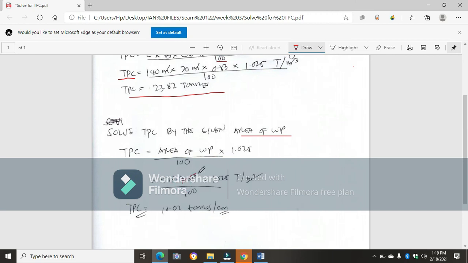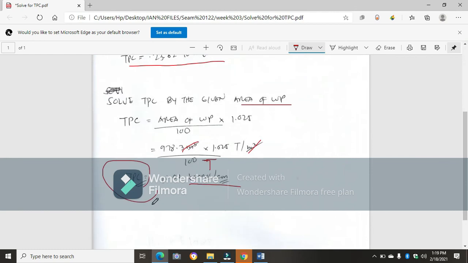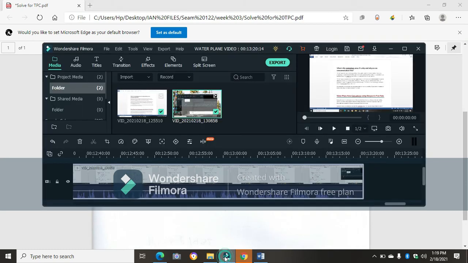So you will cancel the cubic meter and the remaining is tons. Okay, so the answer is 10.02 tons per centimeter because you are using TPC, tons per centimeter.